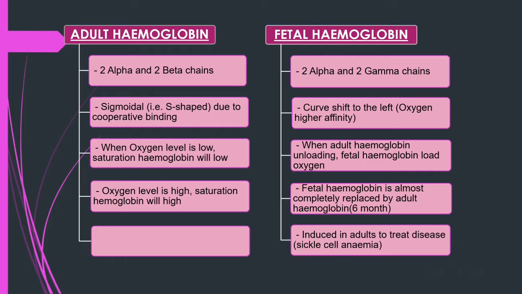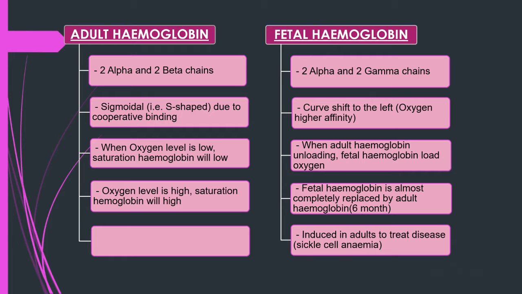The oxygen dissociation curve for adult hemoglobin is sigmoidal in shape due to cooperative binding, and there is a low saturation of hemoglobin when oxygen levels are low, which is hemoglobin releases oxygen in hypoxic tissues. There is a high saturation of hemoglobin when oxygen levels are high, which is hemoglobin binds oxygen in oxygen-rich tissue.